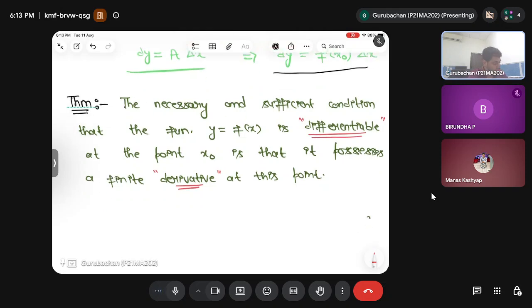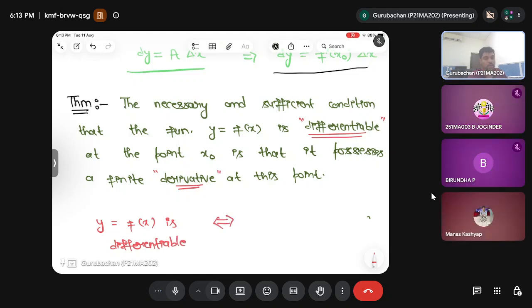You can say your function y equals f(x) is differentiable if and only if your derivative, that means f dash x equals some a, is a finite quantity.